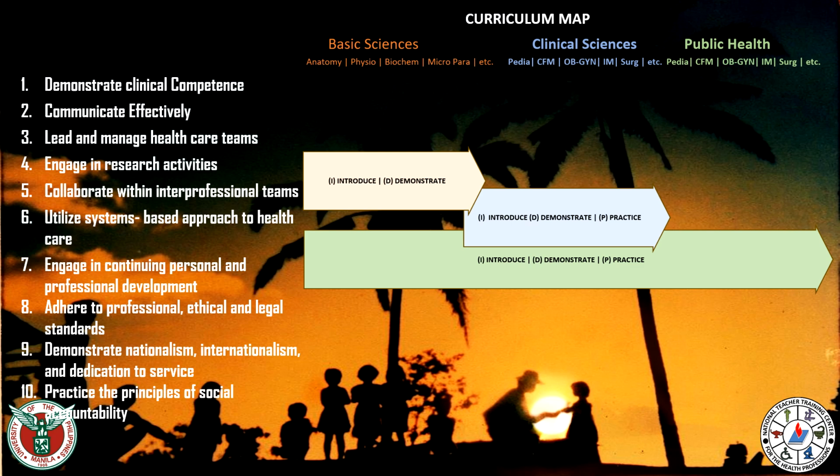Or if you're looking, for example, at OBE, that will be the IDP framework. But for taxonomy, that will be from remember to eventually create. So that's how you are to clarify your learning outcomes in the context of the major development in UHC and PHC.